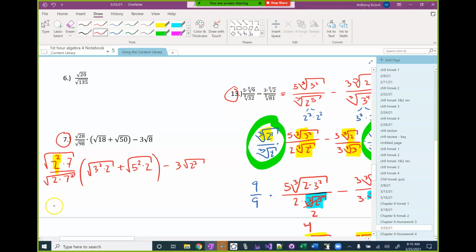In the denominator, I have a 7 squared, so that 7 can come out. Inside the parenthesis, the 3 squared, that comes out. And the 5, so the 5 can come out. And the 2 cubed, I'm going to think about as 2 times 2 to the first. So again, I have a 2 squared, so that 2 can come out.